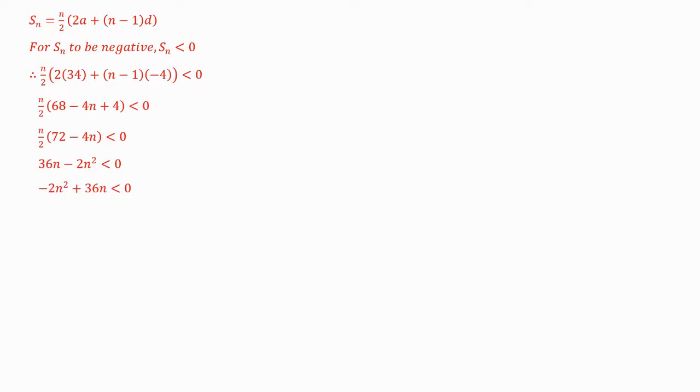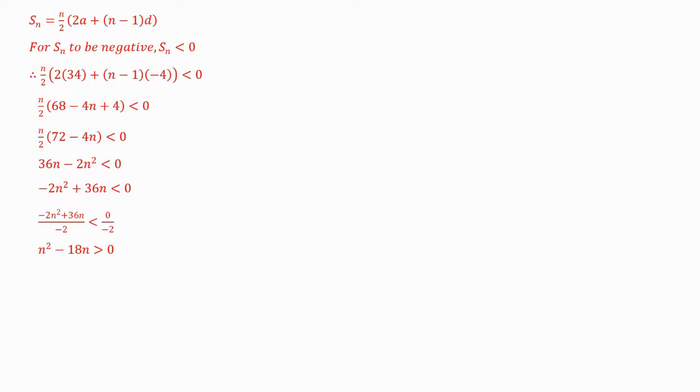We divide both sides of the inequality by -2, and we obtain n squared minus 18n is greater than 0. When you do a division by a negative, the symbol changes. So if it was less than, it changes to be greater than. If it was greater than, it changes to be less than.